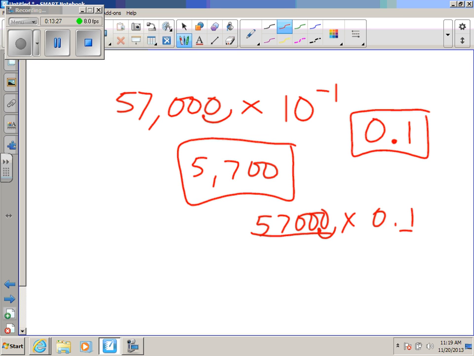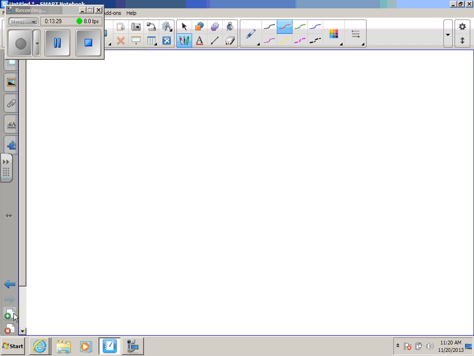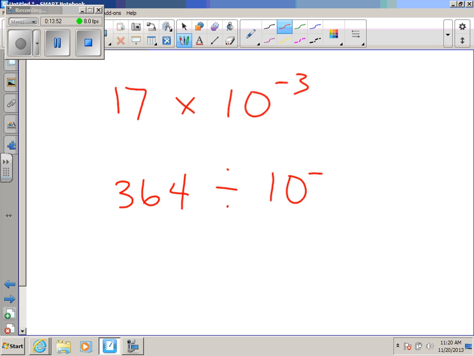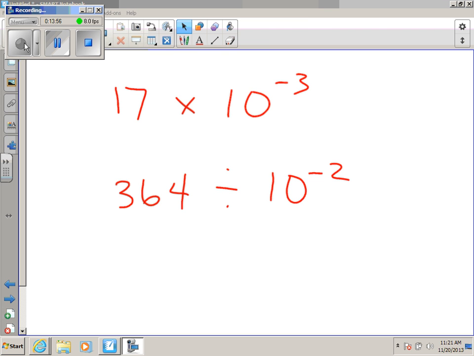So let's take a look at a couple of those examples. 17 times 10 to the negative third. Try those two. All right. Now, ordinarily, we would look at this problem and say 17, we're going to multiply, we're moving to the right.